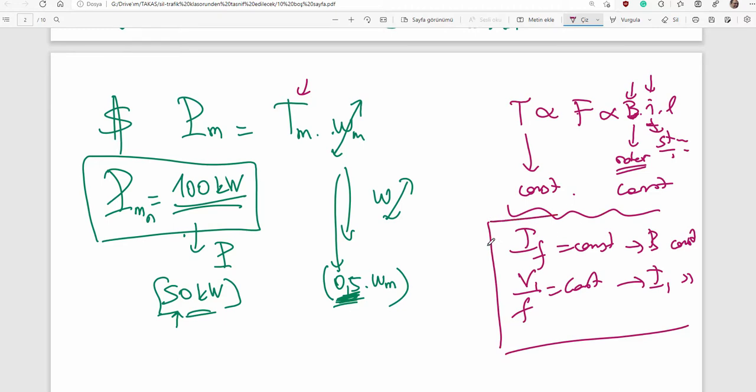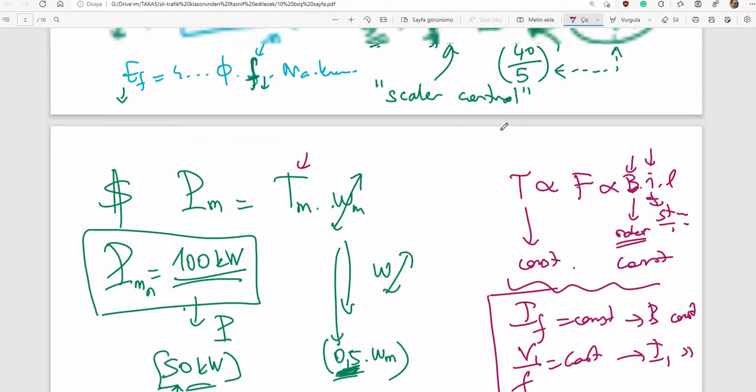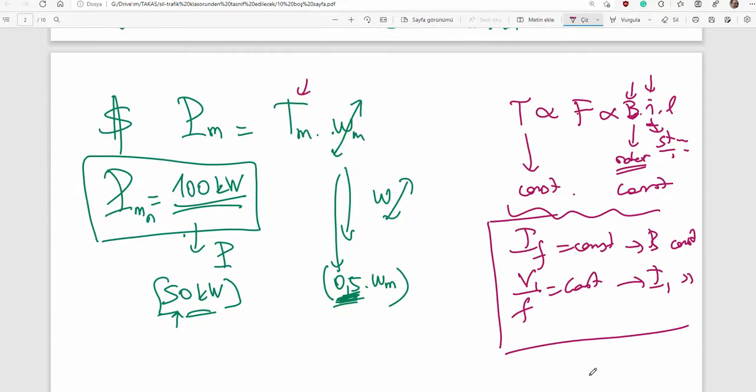And then here you see, by having such a converter here, I said voltage over frequency ratio must be kept constant. During such a process, in fact, you keep generated torque constant.